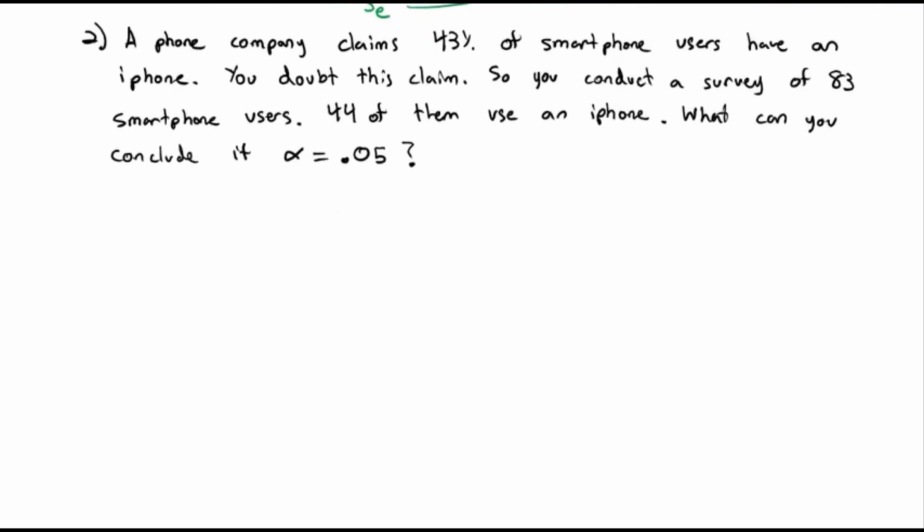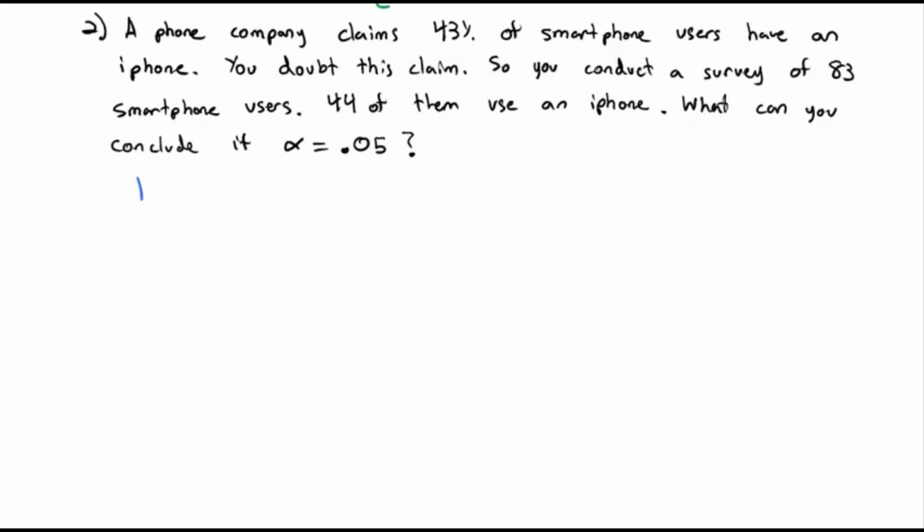Well, let's set this up. Our null hypothesis has to be that our proportion equals something, and that's the claim that the proportion equals 0.43. For the alternative hypothesis, we can either say the proportion is greater than, less than, or not equal to. There's no direction given in your doubt.